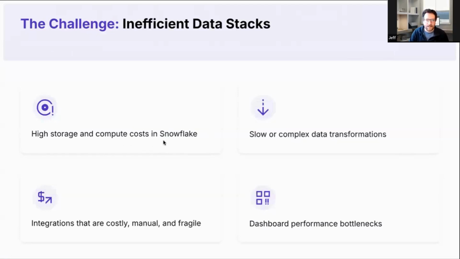Another mistake that I see time and time again is paying too much for loading data. We know that there is a host of vendors out there, and it shouldn't cost, let's say, 30 million rows thousands and thousands of dollars.